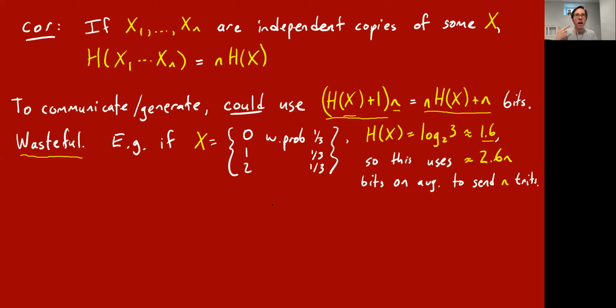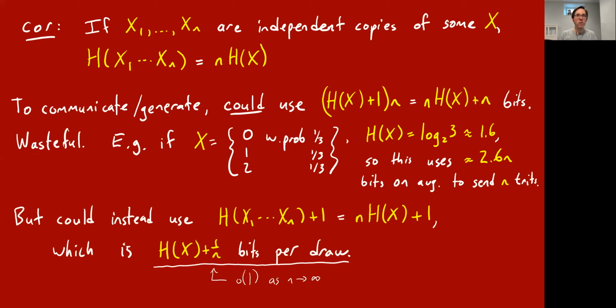And so you see, using this corollary up here, you can do something different, at least in principle. You could instead say, wait a minute, let's just treat X1 through Xn as one single random variable whose entropy is 1.6 times n by this corollary. And now we could have a scheme for generating or communicating or storing a draw from this n-fold random variable. And the number of bits we'd use would be the entropy, n times the 1.6, just plus 1.